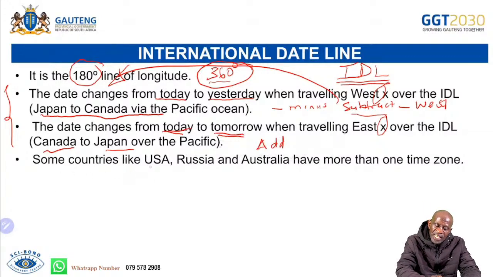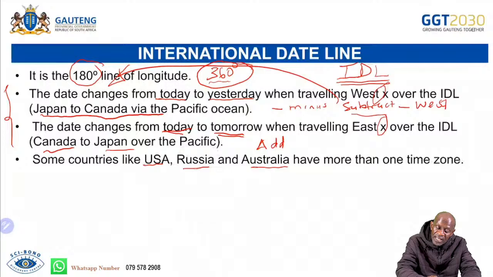Sometimes countries like USA, Russia, and Australia have more than one time zone. These countries, I know of USA, has more or less 6 time zones.